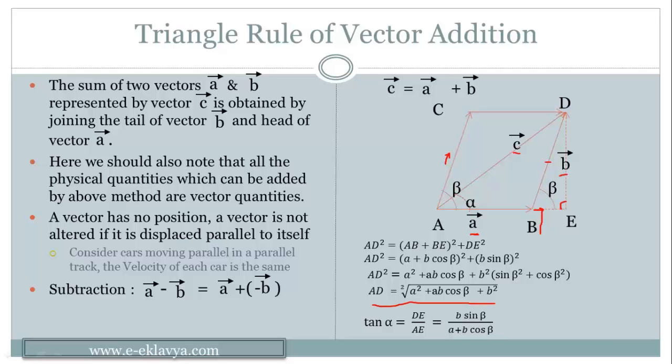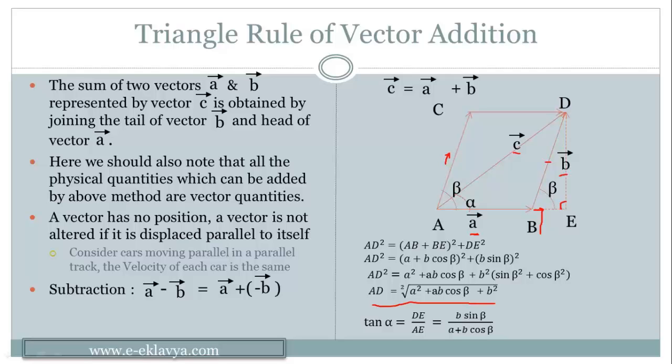So direction here we will define by the angle. So the angle of the resultant with respect to x-axis, alpha, that is given by this small formula, tan alpha equal to DE by AE.